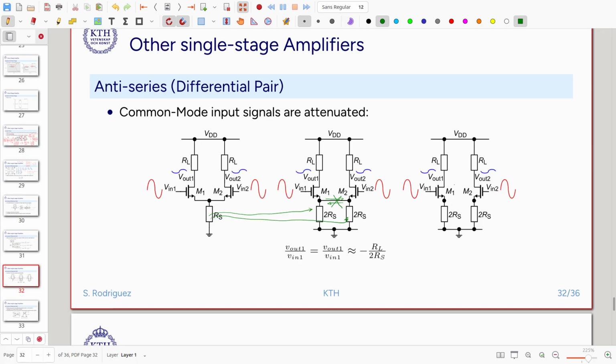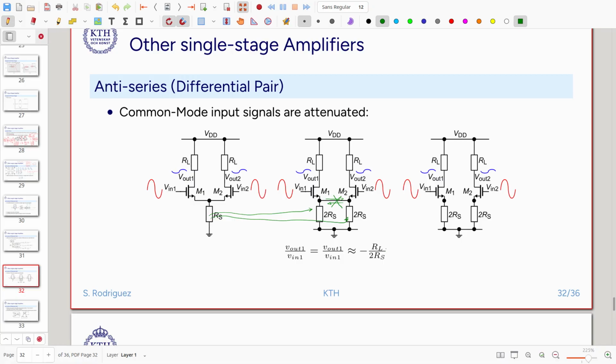In this circuit we have two common source amplifiers with series resistance, something that we have already studied before. If we extract the gain from the input gate to the drain of either of these two configurations, we will see that the gain is equal to minus RL over RS, if we take the asymptotic gain as a first approximation.